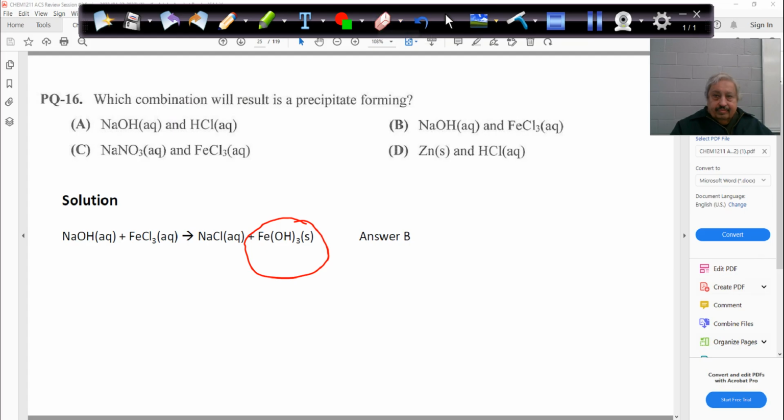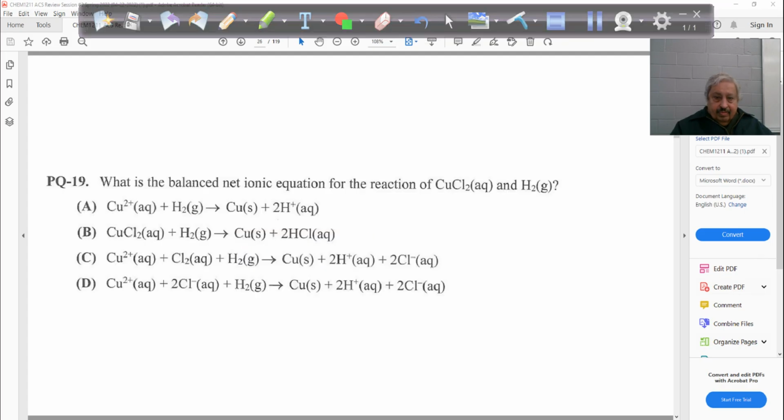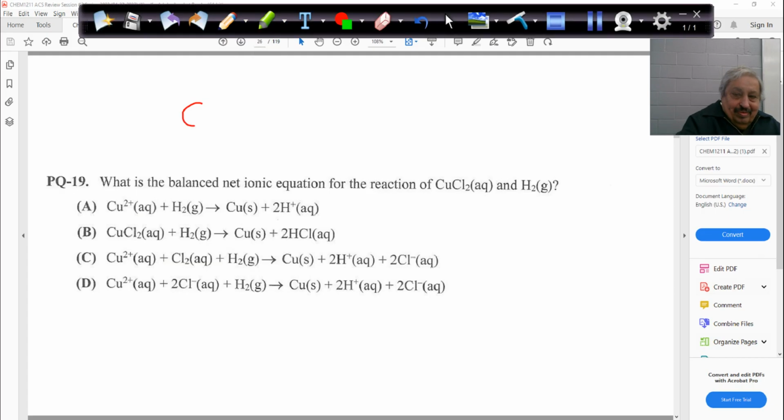So, balancing. What is the balanced net ionic equation for the reaction of CuCl2 and hydrogen gas? Okay, so CuCl2 aqueous plus hydrogen gas, correct?